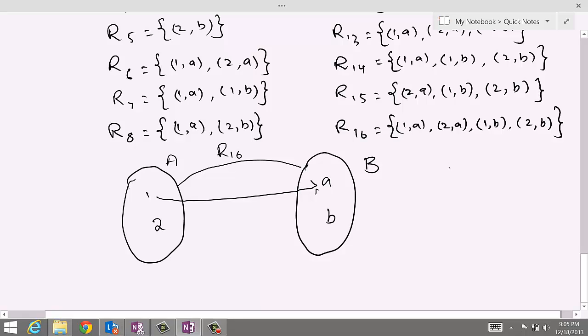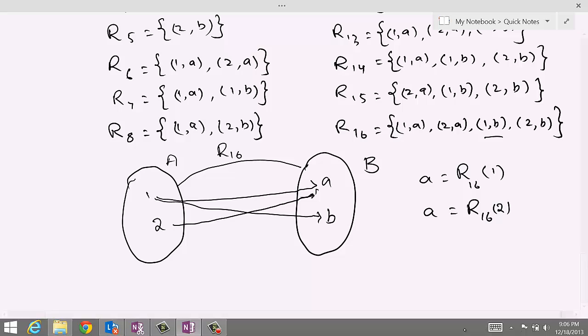In fact, we can also say that a is R image of 1 under R16. And similarly, 2 is related to a. So in other words, we can say a is image of 2 under R16.